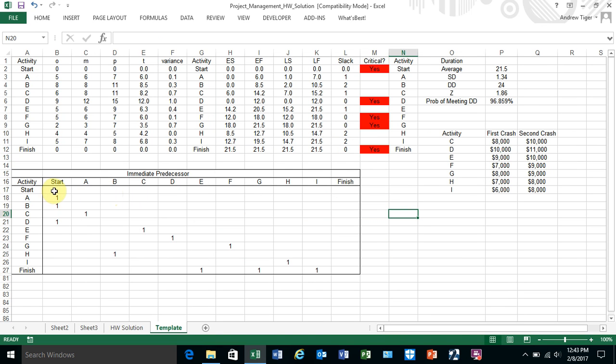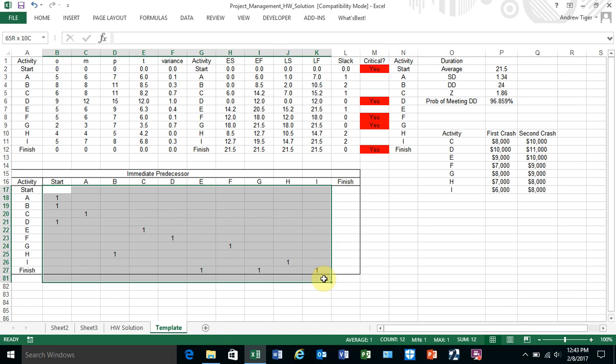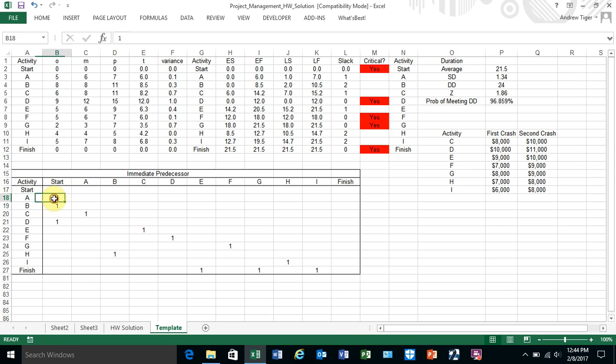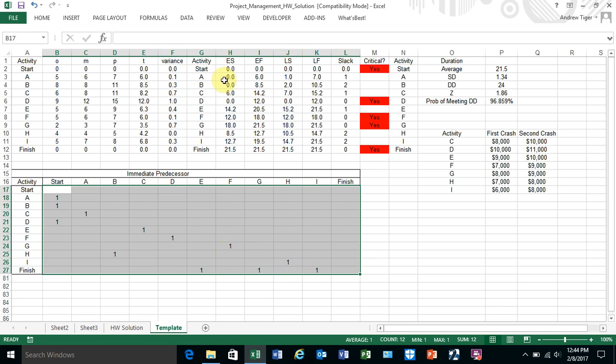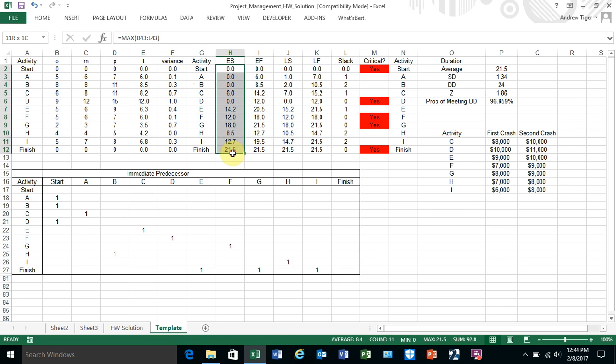All you have to do is put in a 1 if that activity is a predecessor. So for activity A, its predecessor is start, so I put a 1. Activity B, I put a 1 under start. Activity C's predecessor is A. So once I complete this, I don't ever have to go and mess with this again. It will change it automatically for you.